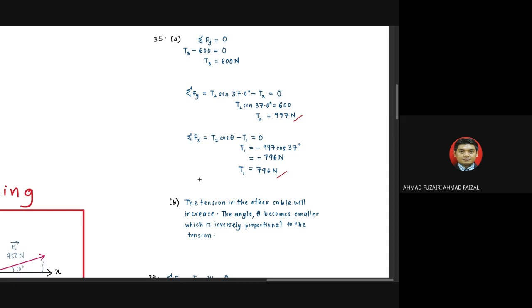So if we look at when the horizontal cable is attached to a higher wall, meaning T1, which was horizontal, has now moved up. Now T1 sits straight to the left. So imagine what will happen to T2 if T1 has a value, cost something. So what will happen to the value of T2? So far T2 will follow T3, right? Okay. So would the tension in the other cable increase, decrease or stay the same?